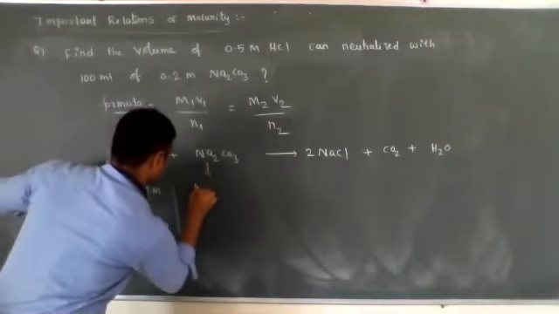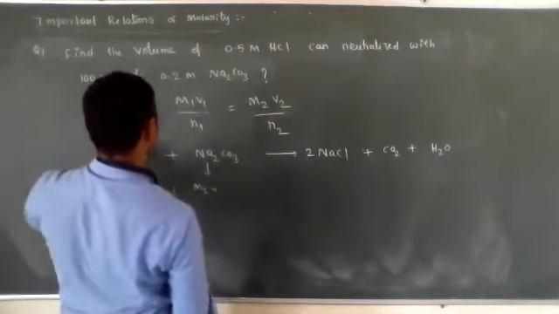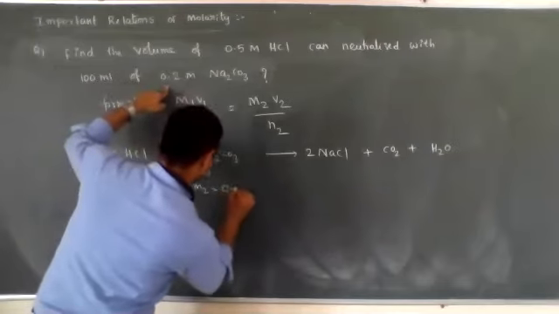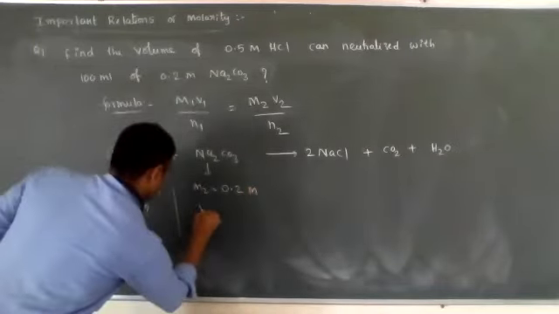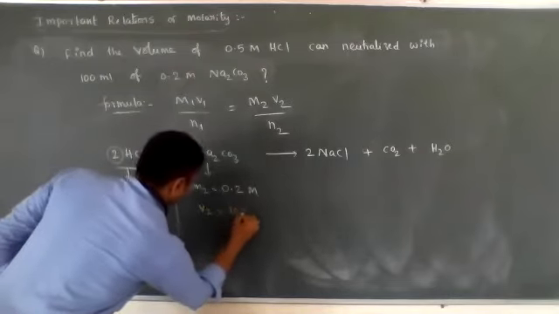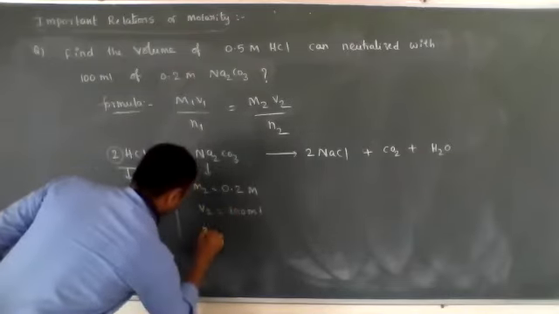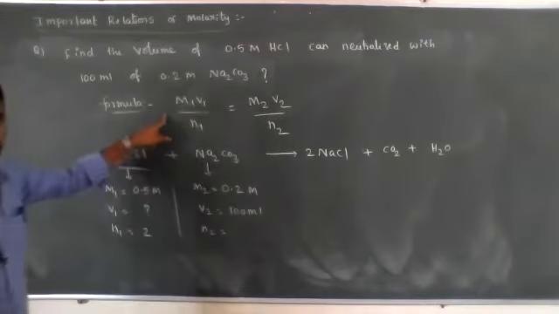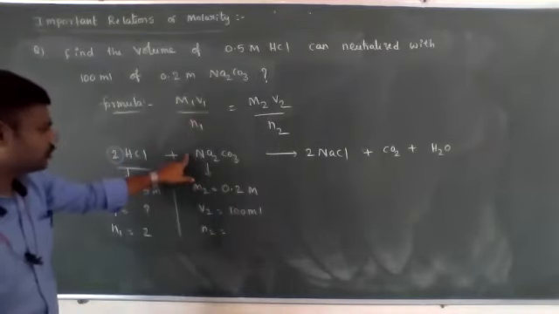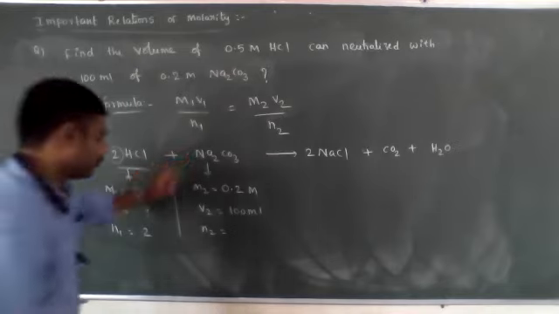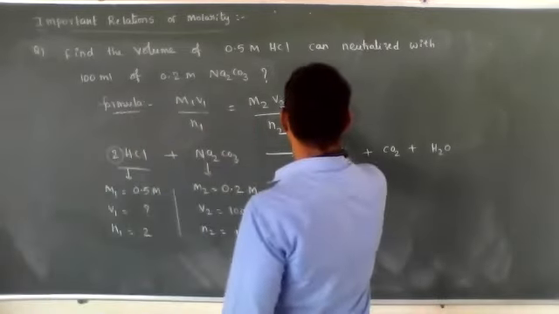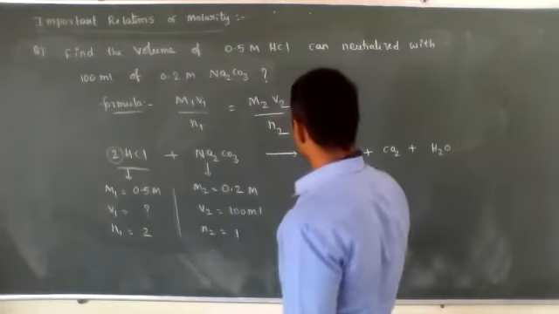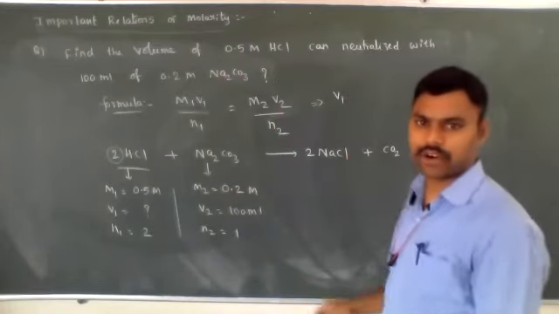For this M2, how much? 0.2 molar. V2 is equal to 100 ml. What is N2? How many moles of Na2CO3 are we using in this balanced chemical equation? 1. So from this, now you will get V1, volume of HCl required.